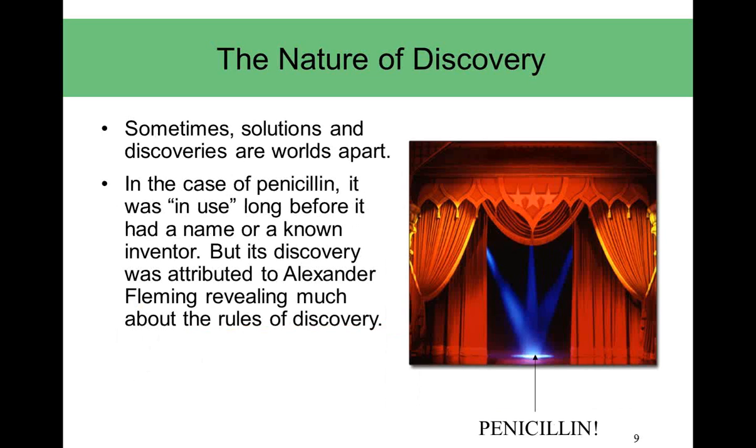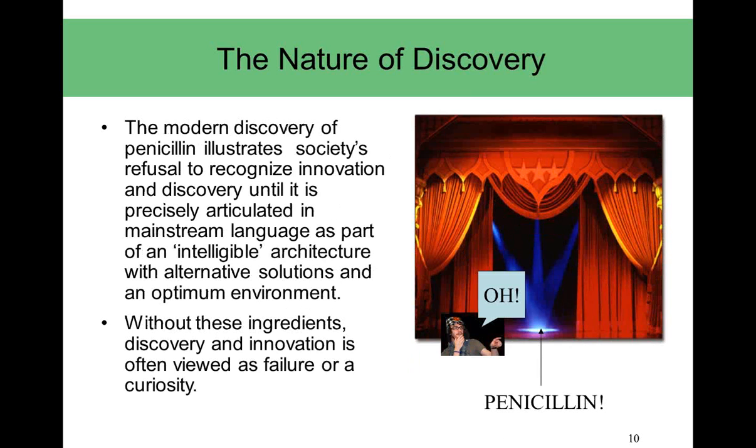So sometimes solutions and discoveries are a world apart. In the case of penicillin, it was in use long before it had a name or a known inventor. But the discovery was attributed to Fleming, which reveals much about the rules of discovery.